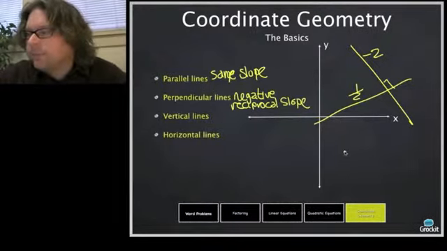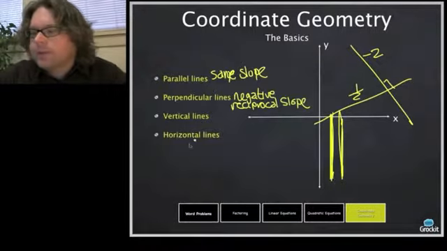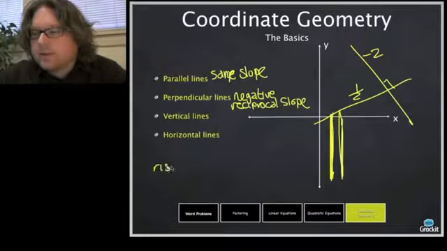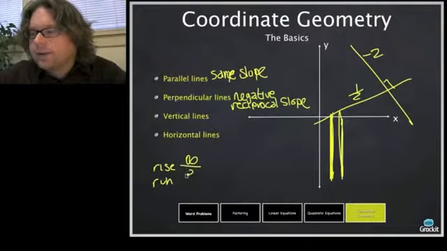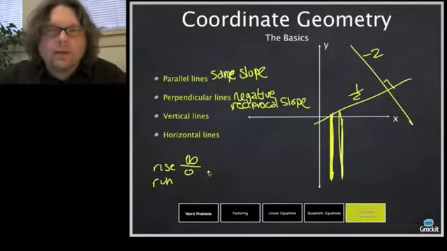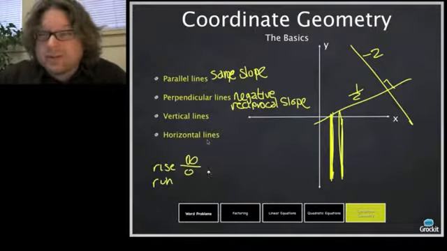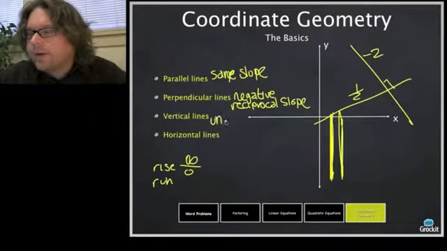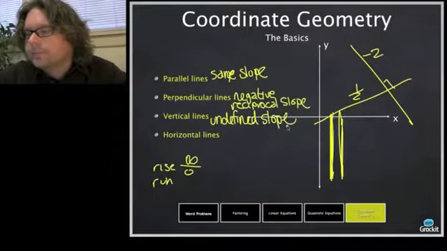Vertical lines have a slope of 0. Because remember, the slope of any line is rise over run. And a vertical line basically has an infinite rise and a run of 0. Oh, sorry. Vertical lines don't have a slope of 0. Vertical lines have an undefined slope. Because it's rise over run, infinity over 0, and you're not supposed to divide by 0. So, undefined slope.